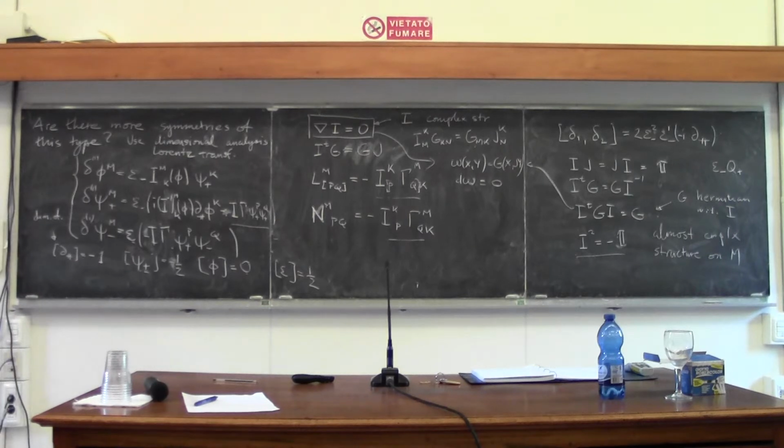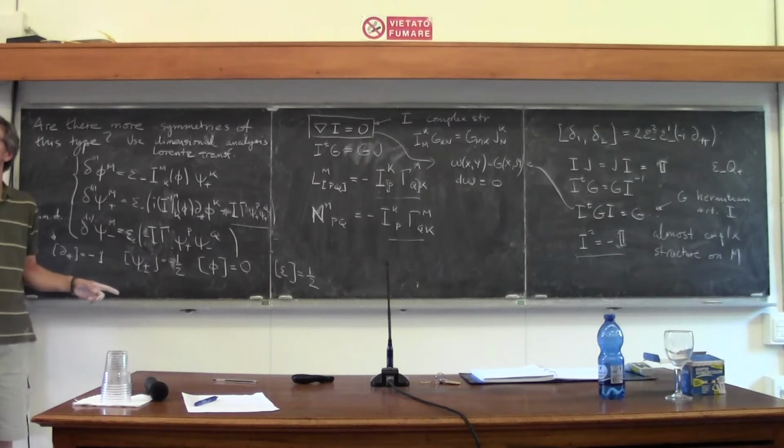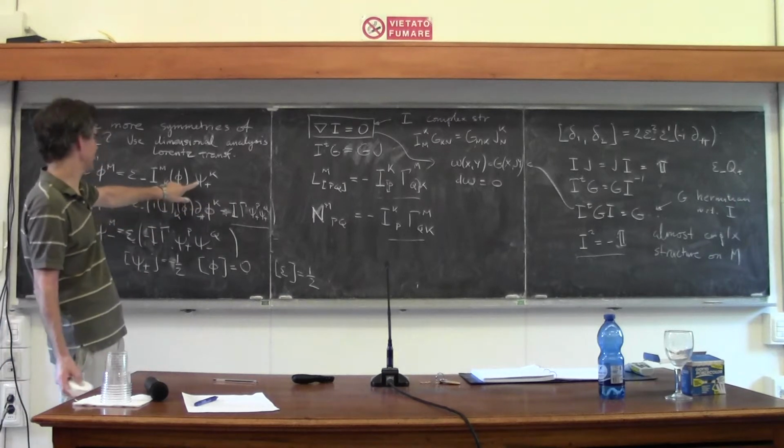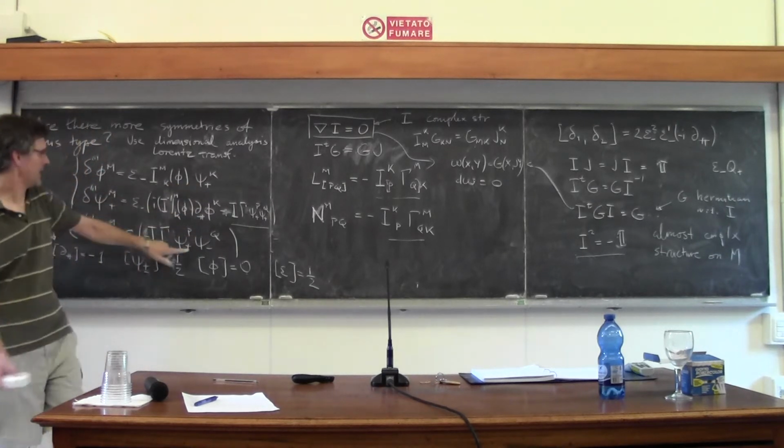Why were you forced to have only psi plus, so the fermion plus, and not the other one? I could have thought of that; on the other hand I could have a tensor on both spinor bundles and not just one. So I have psi plus and I have psi minus.